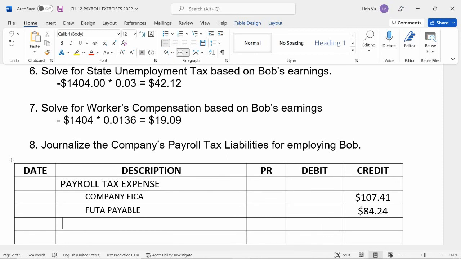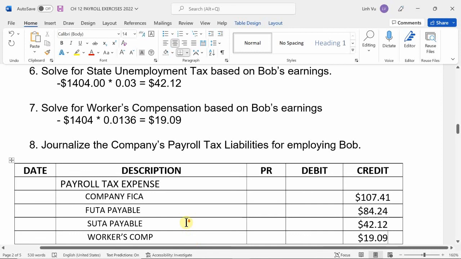And we have SUTA, which was 3% of that, which was $42.12. And then last but not least, we have workers' compensation for a total of $19.09. Okay?